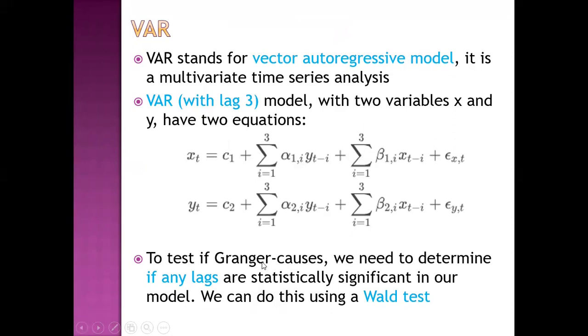To test if x Granger causes y, we need to determine if any lags are statistically significant in our model. If the coefficient of any one of the lags is significant, then it means there is Granger causality. And we do this using the Wald test, as we do in regression analysis.